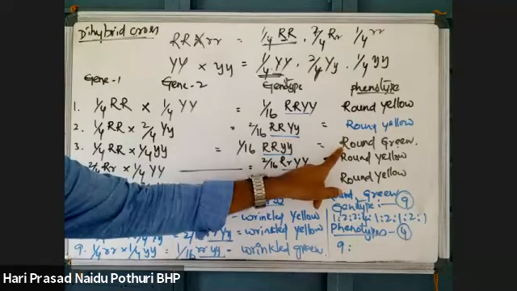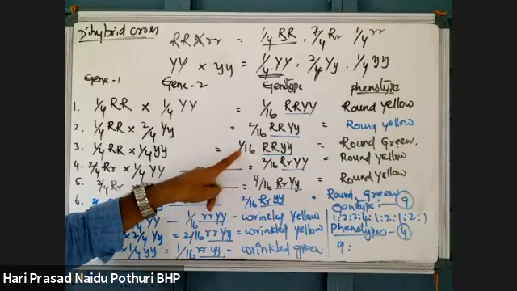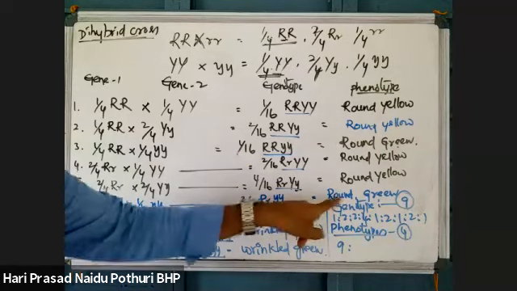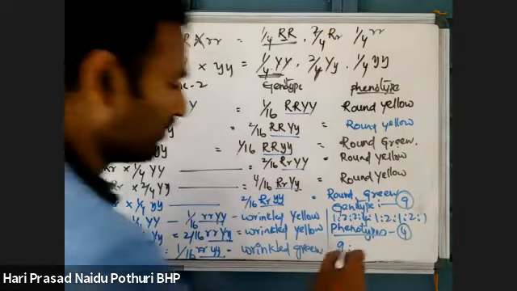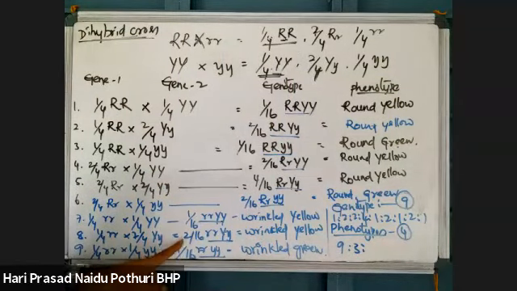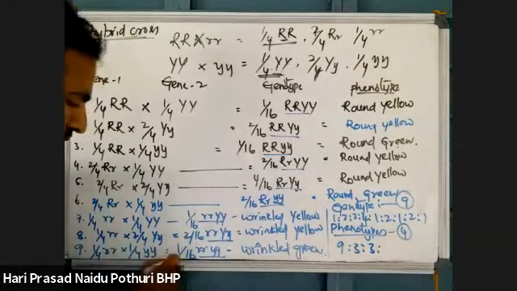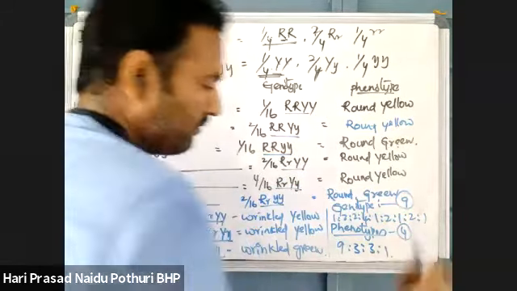Then round green, 1 by 16 plus 2 by 16, round green, 3 by 16. Wrinkled yellow, 1 by 16 plus 2 by 16, 3 by 16. Finally, wrinkled green, 1 by 16.